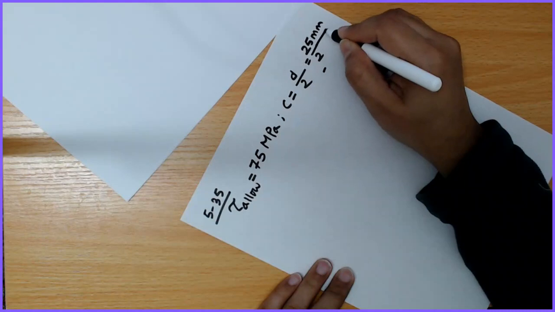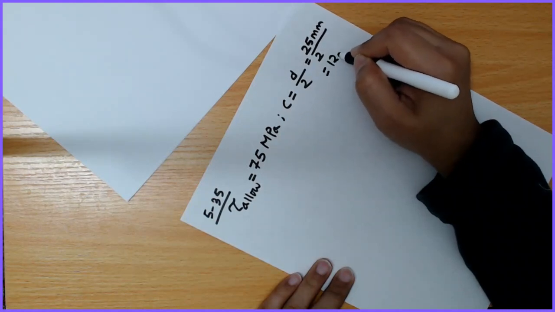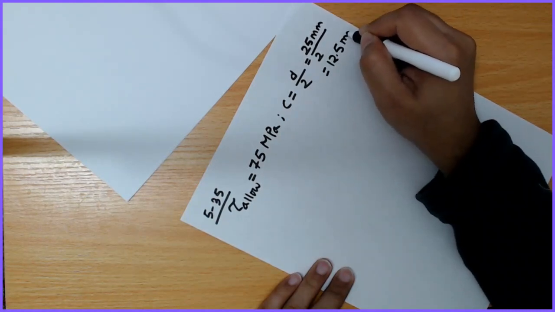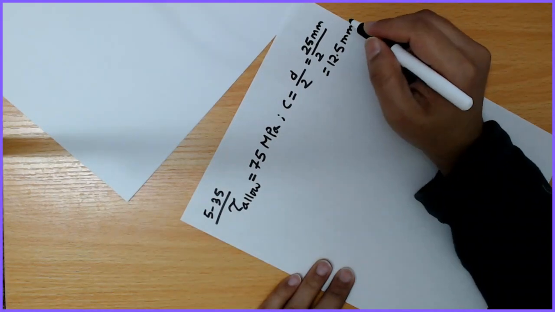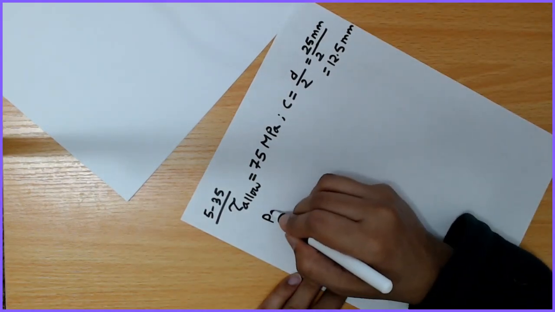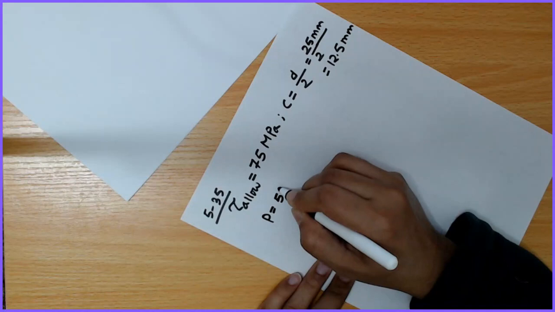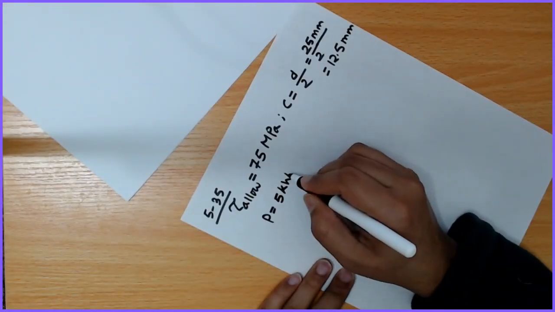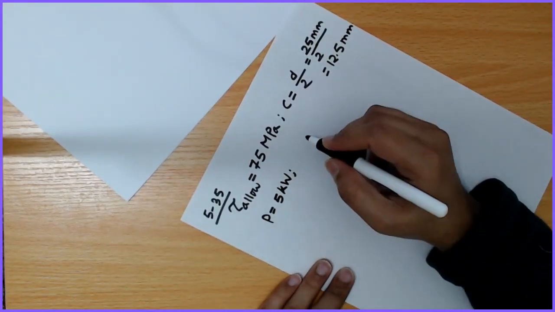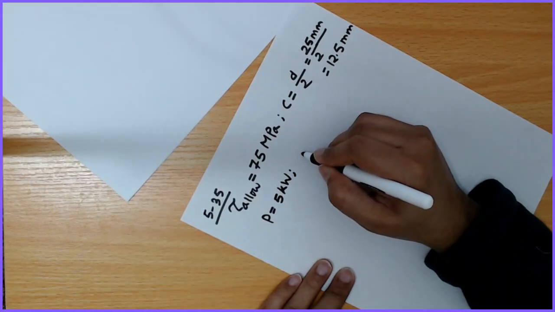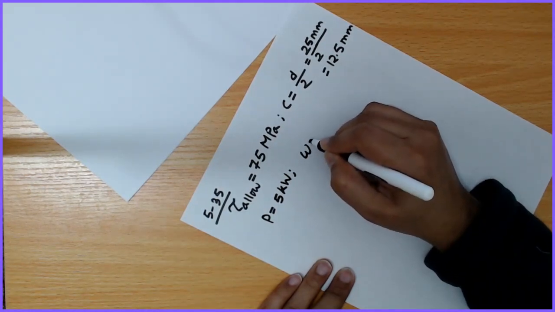D is 25, so C is 12.5 millimeter, and the power is 5 kilowatt. Now what is the minimum allowable rotation? So we have to find the omega.